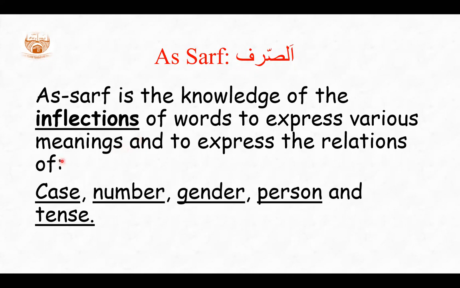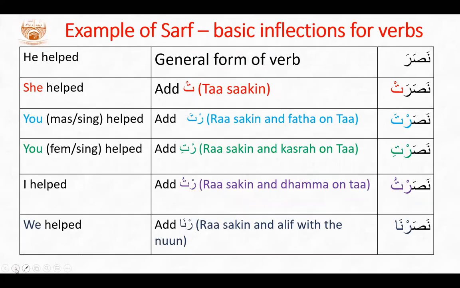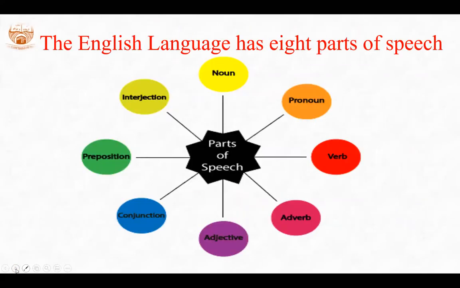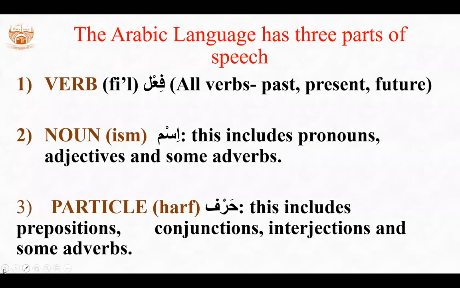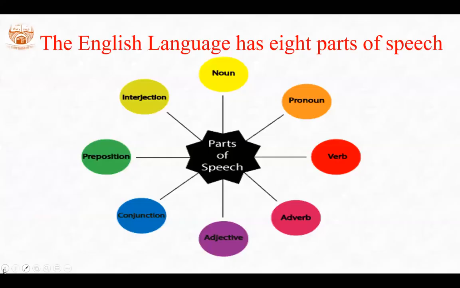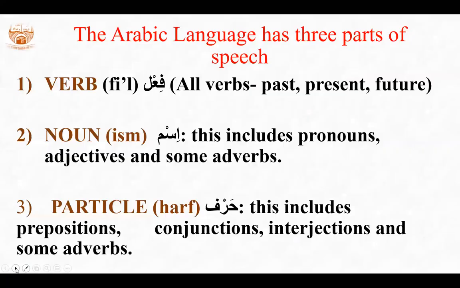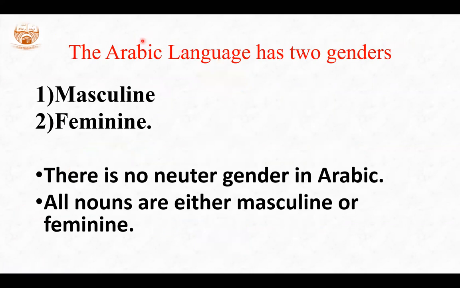You follow? Now, what does case, number, gender, and so on have to do with anything here? We're just passing through all of these things. We're going to come to that in a little while. But I mentioned it, so let's deal with it one time. Arabic language has two genders.